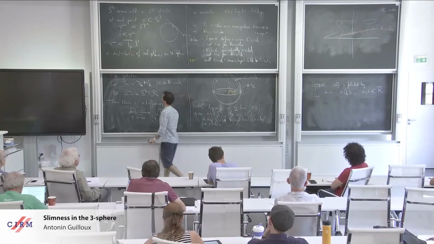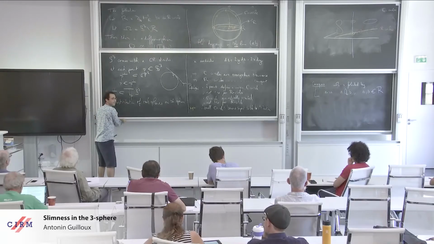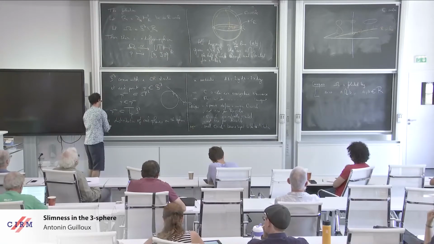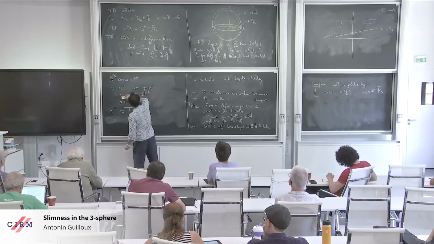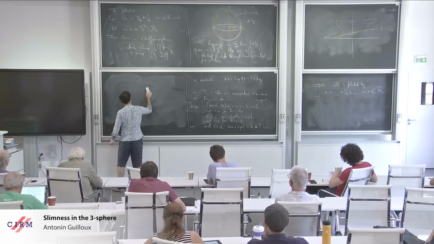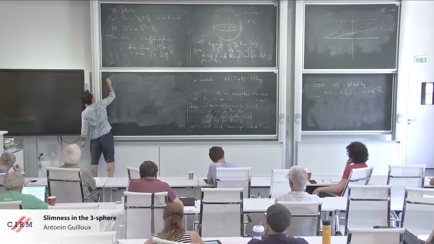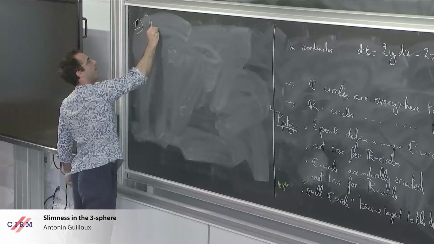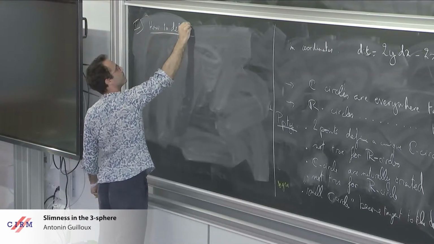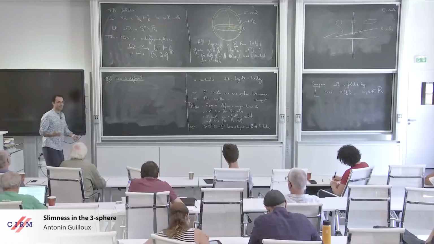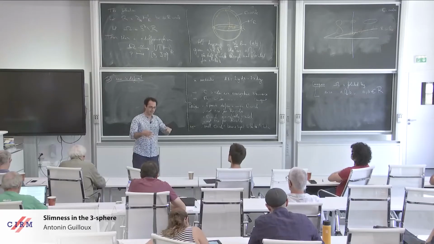Because, so I move on to my second part, which is how to deform this situation. So my actual question is that, okay, you have this R circle.